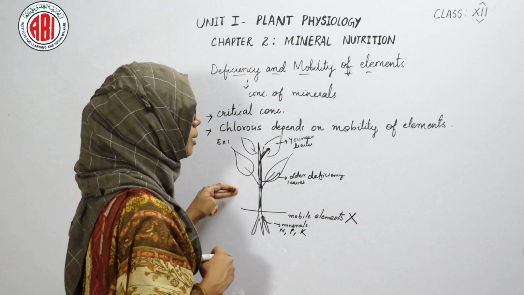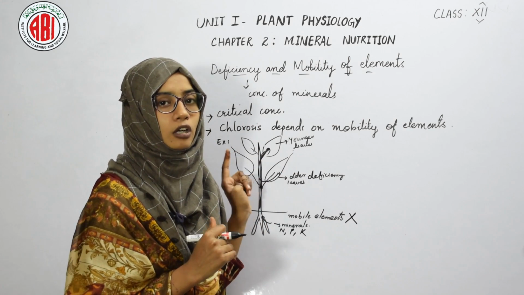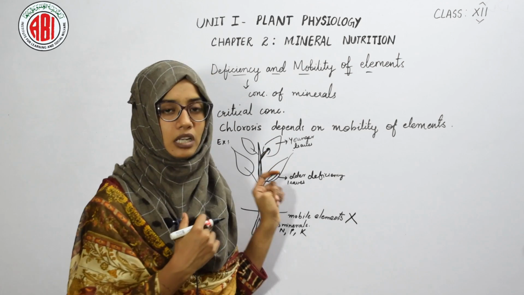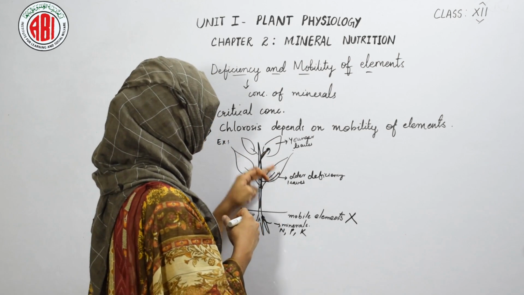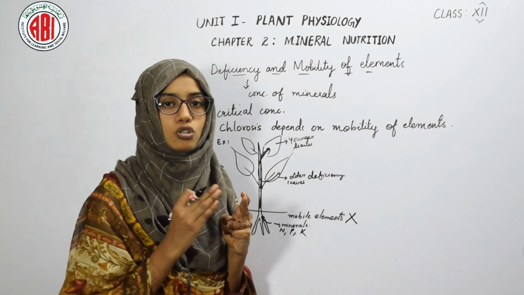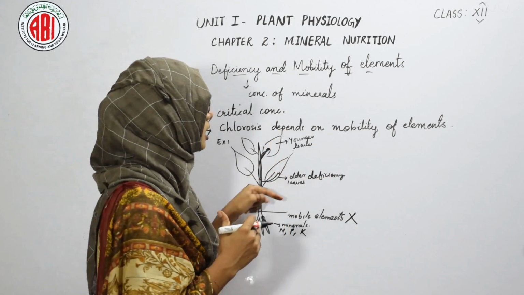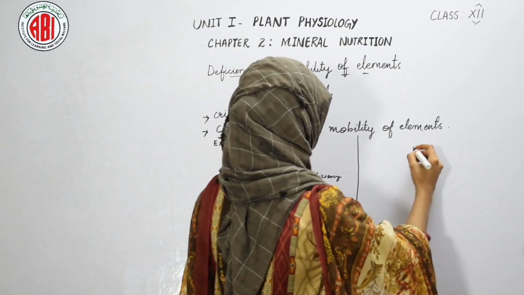So by this example we came to know that chlorosis depends on the mobility of elements, and if the minerals are transported to the younger leaves, then older leaves show the deficiency symptoms first before the younger leaves. Let's take another example.